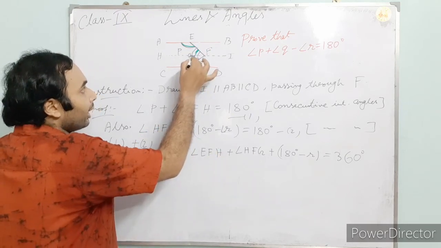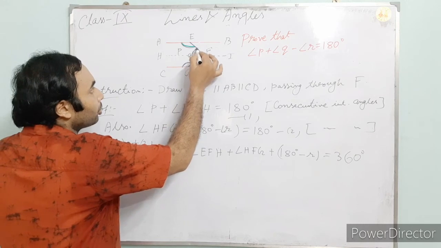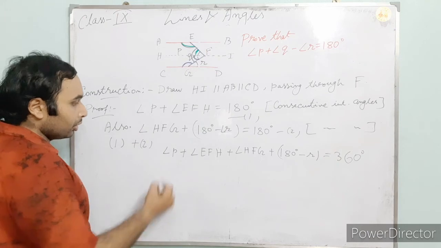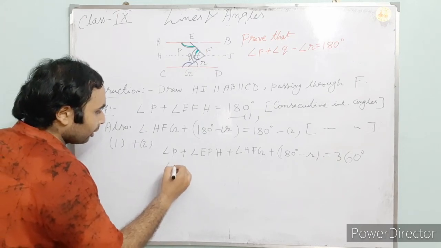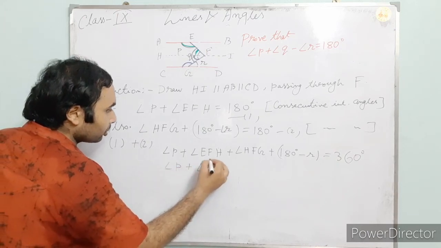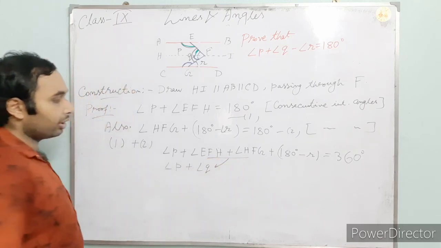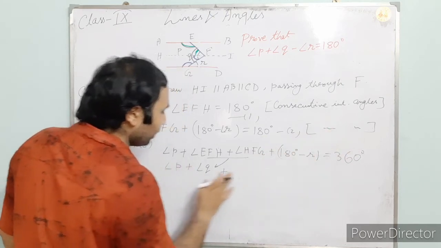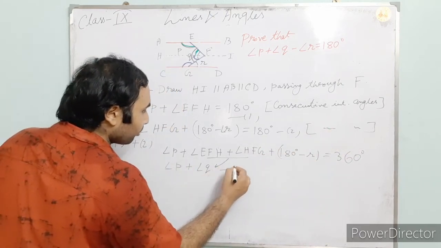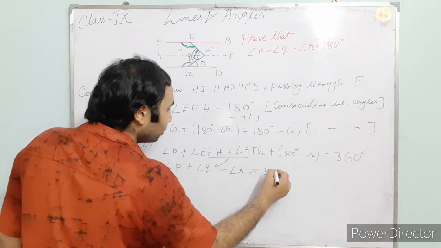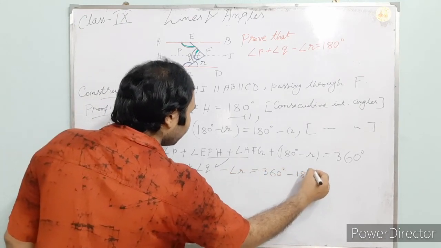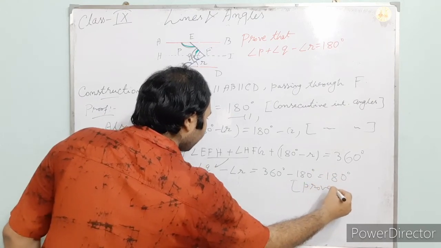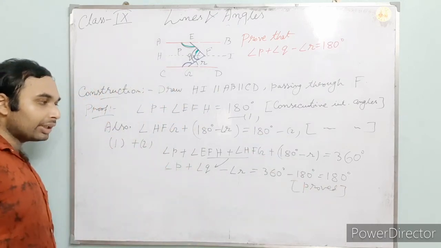Angle HFG is this one. So in total we are getting angle Q here. So angle P plus Q plus 180 minus R. We are taking 180 to that side. So minus angle R equals 360 degree minus 180 degree. So we are getting 180 degree, which was our target. So we have proved our result.